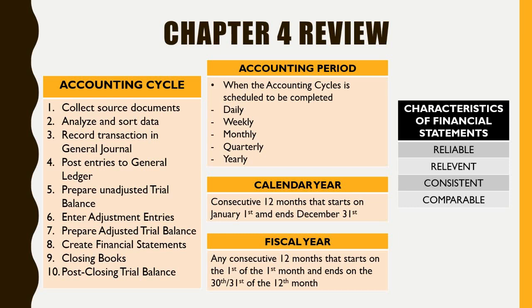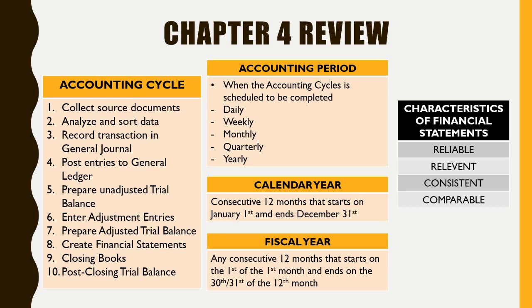Here I gave you the list of the 10 steps of the accounting cycle. We talked about the accounting period, which is when you schedule the accounting cycle to be completed, whether it's daily, weekly, monthly, quarterly, or even yearly. We talked about the difference between calendar versus fiscal year.